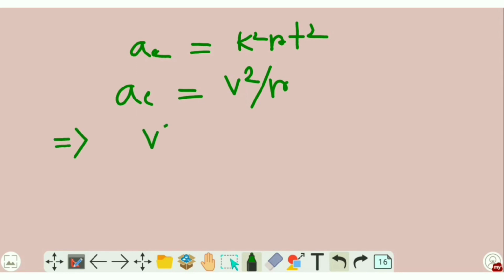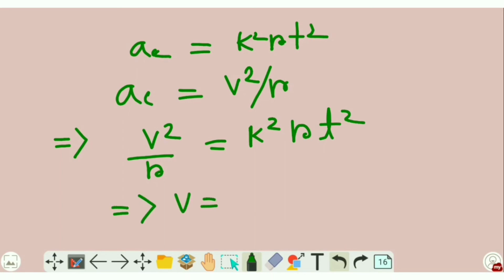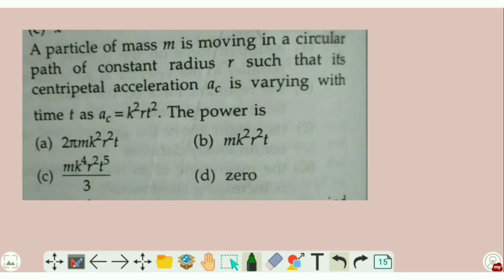So we can write v square by r is equal to k square r t square. So v becomes k r t. We have the relation between v and t. So we have to find power.